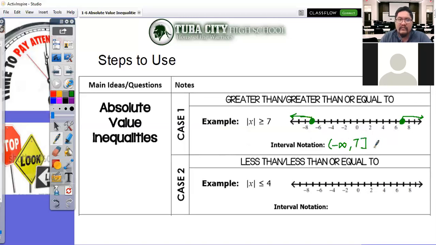And don't forget, when you include a number, you have to put it in a bracket. And then up to 7, which was kind of confusing because this is also included, positive 7 to infinity. And there you go. That is the interval notation that goes there.